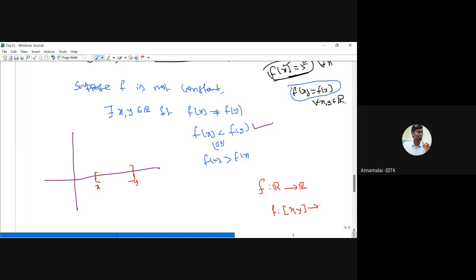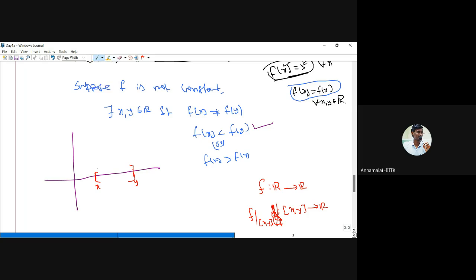Maybe we call that function g, a restriction of f. Otherwise, simply we can say f restricted to the interval x, y. Still that function is continuous. Since f is continuous from R to R, this function is still continuous on this particular interval.